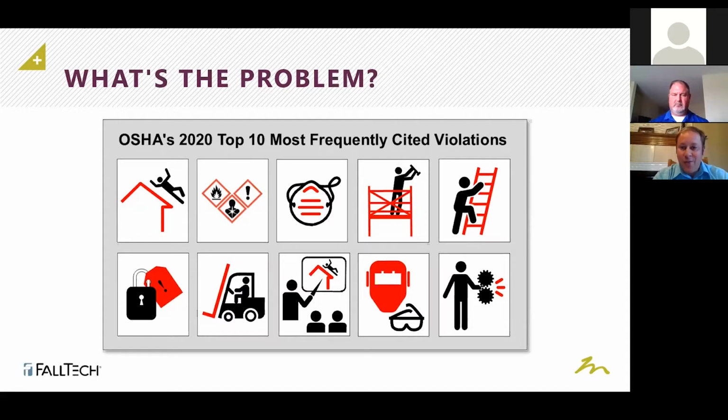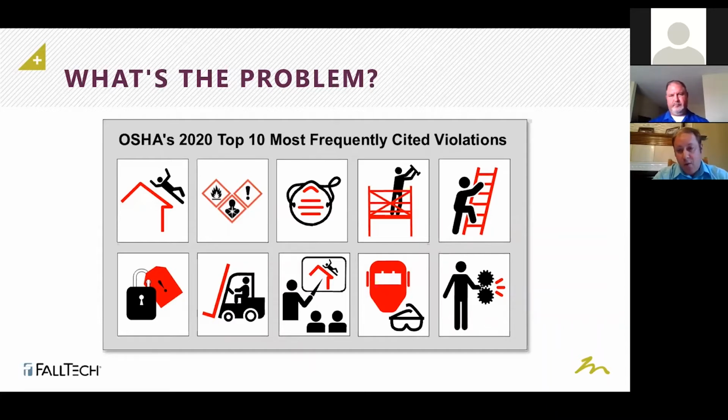So that's everything we're talking about. That includes the falling objects, the walking, working surfaces, the work at height, holes and wall openings and leading edges. And a lot of it is attributed to residential roofing. We see quite a bit in that area, but there are still quite a bit in the commercial sector.